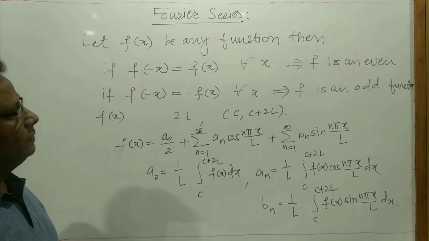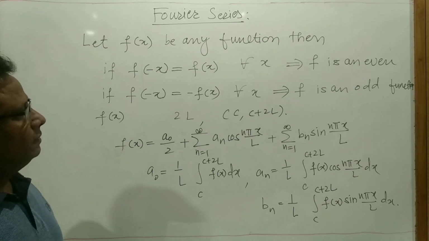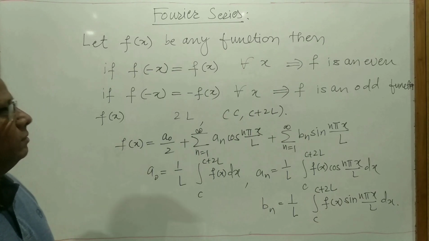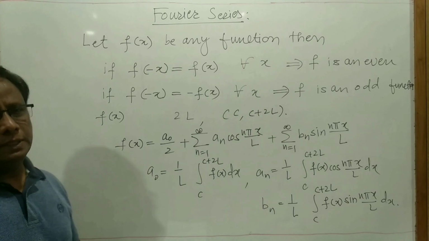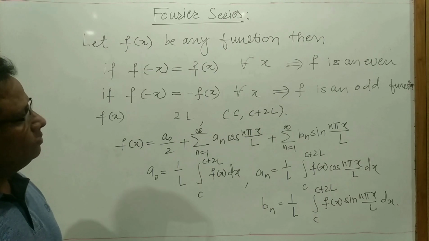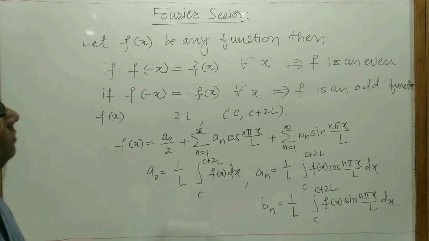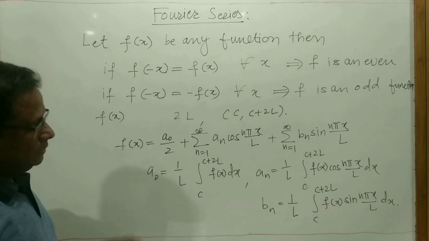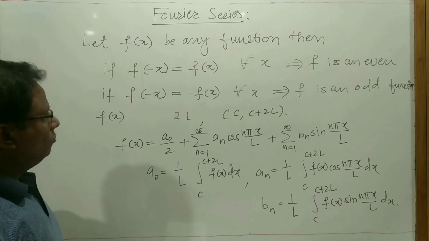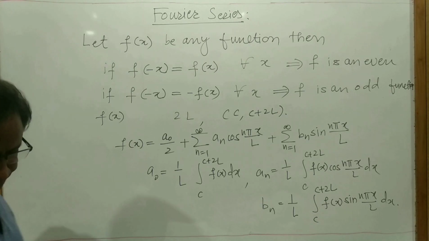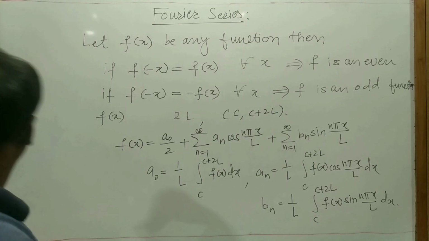And the last case, where L is pi, that is the period is 2 pi, c is minus pi, so the interval of function f of x is minus pi to plus pi. So these four cases that we have seen. In those cases, how to write the Fourier series and how to obtain this a0, an and bn, that we have seen.